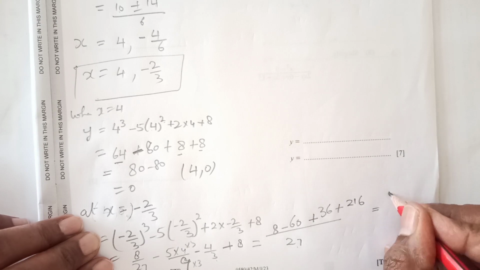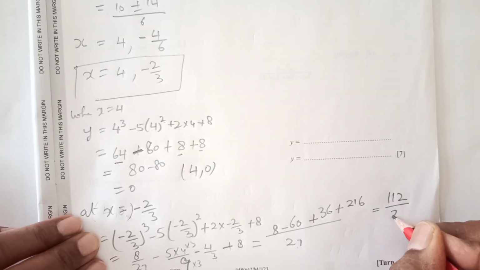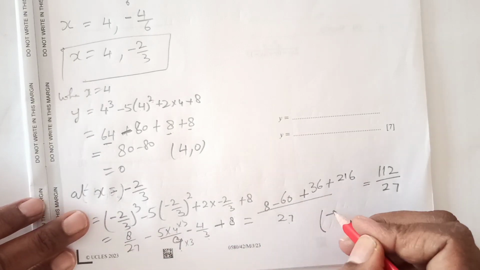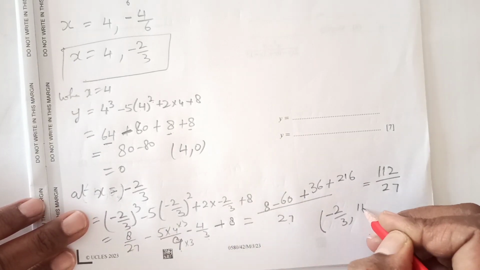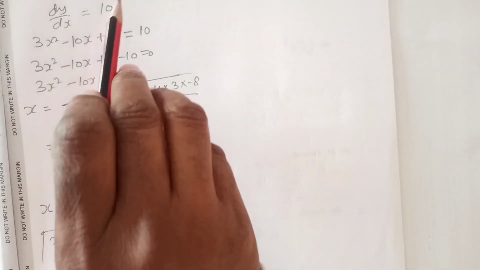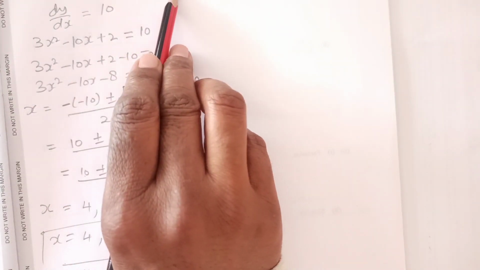So you calculate, this comes out to be 112 over 27, right? So the second point we got here is negative 2 over 3 and 112 over 27. So these are the points. Now the question is to find the equation of these two tangents.